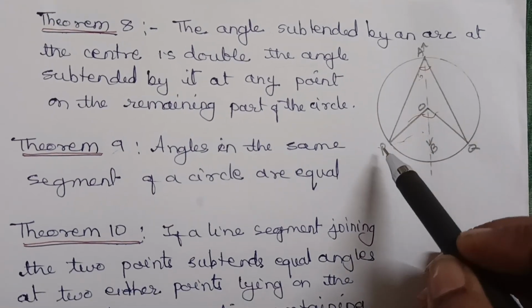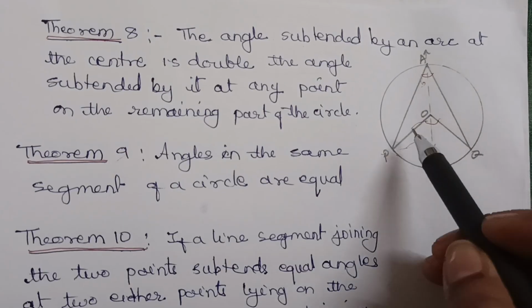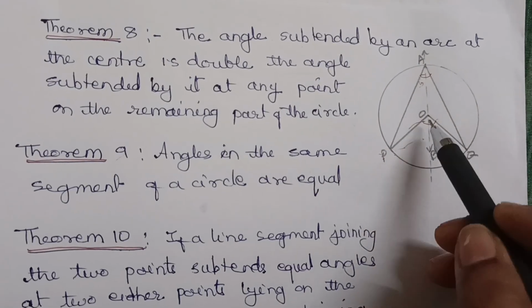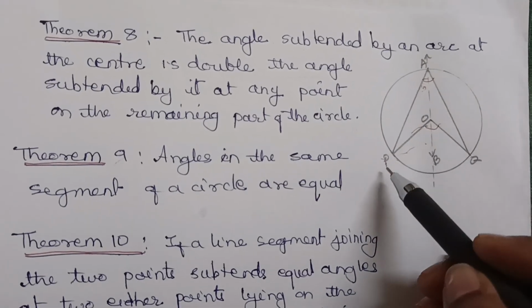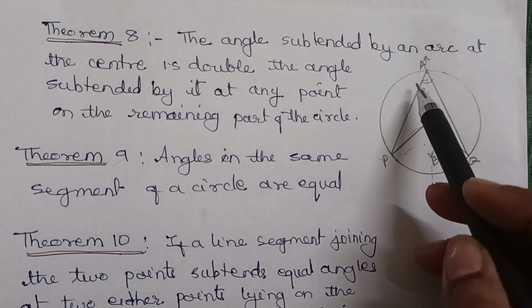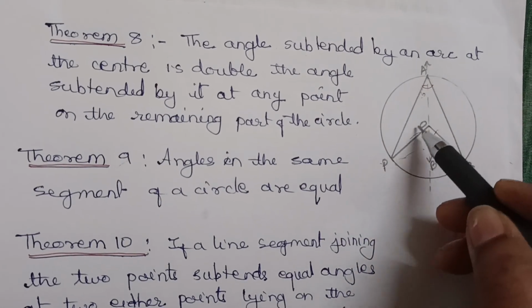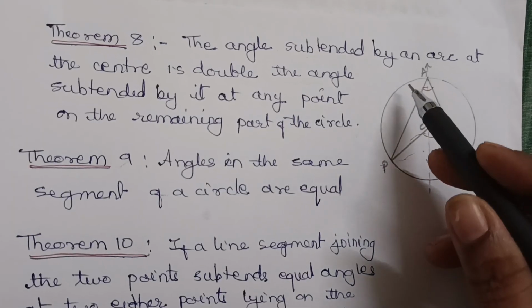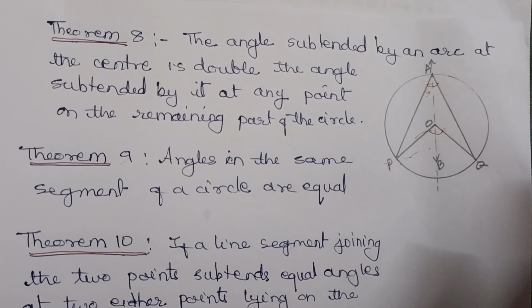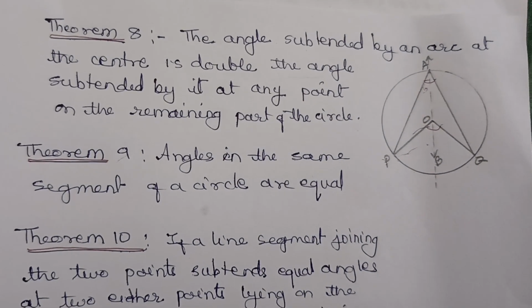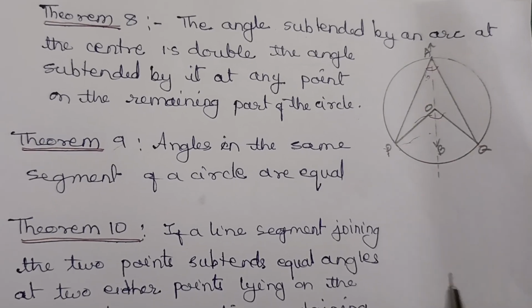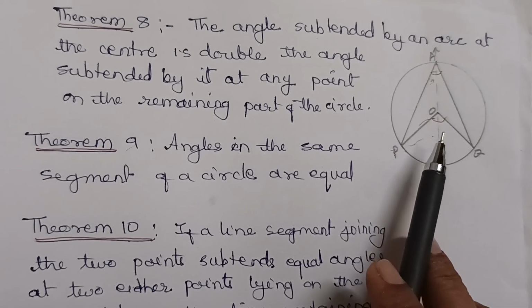That means angle PAQ is half of angle POQ. That means POQ is double the angle PAQ. If you draw anywhere in the circle like this, it will be the same. The measurement of the angle will be double the angle at the center.